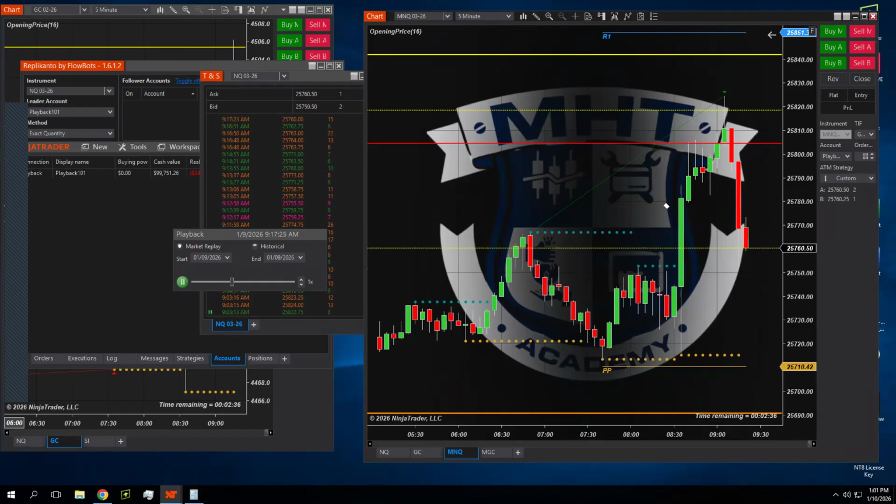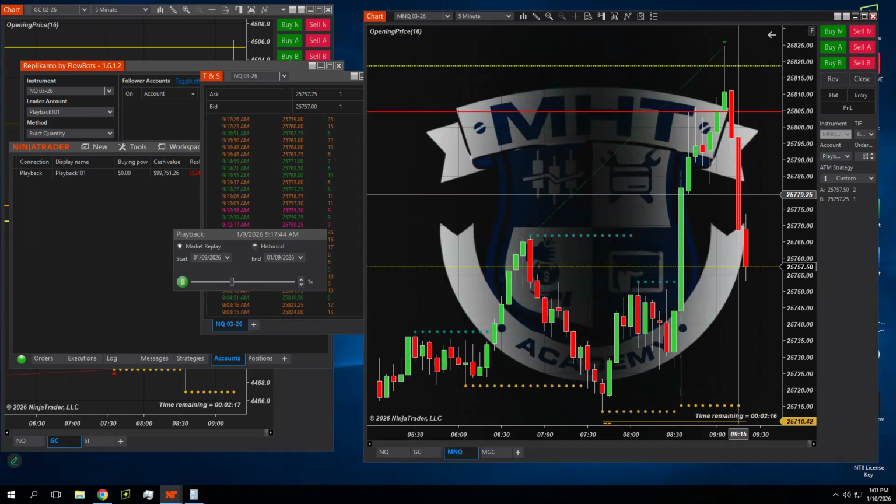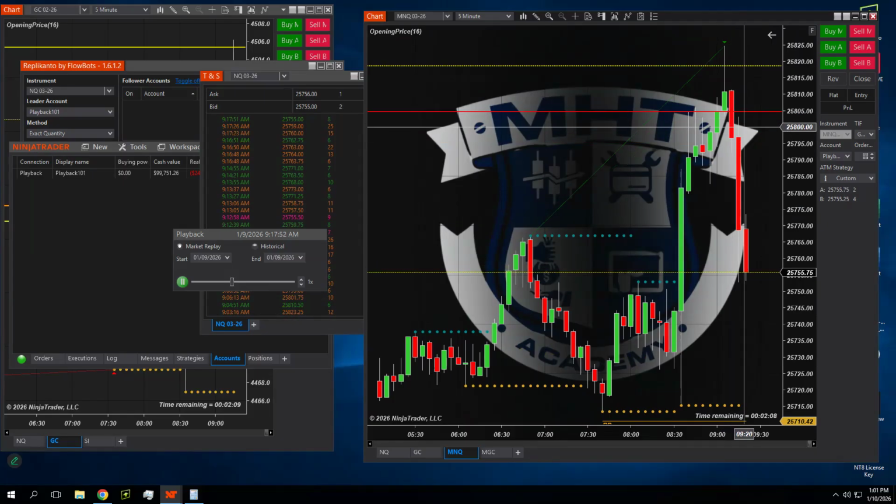Now, if you're on a bigger time frame, most gaps are way more than 4 points. Yeah, so that's generally how I do it. And 4 points is not even that big, you know what I'm saying? But this one, that's just too little.